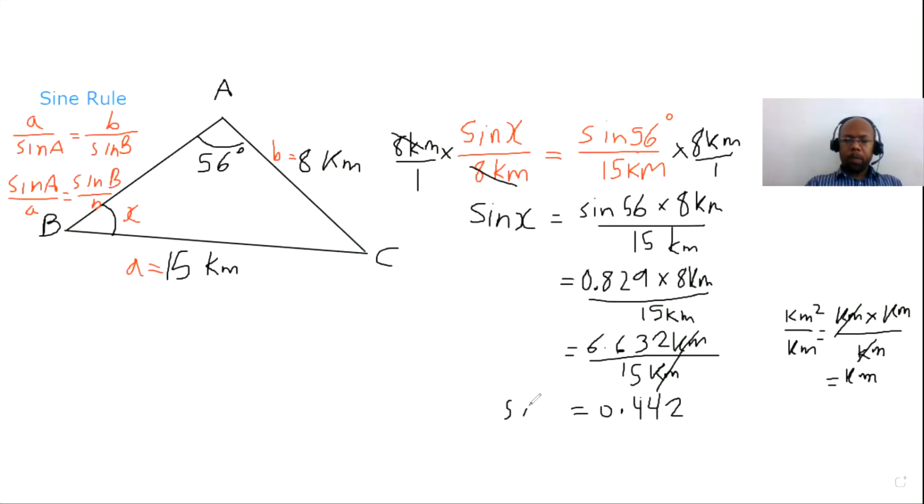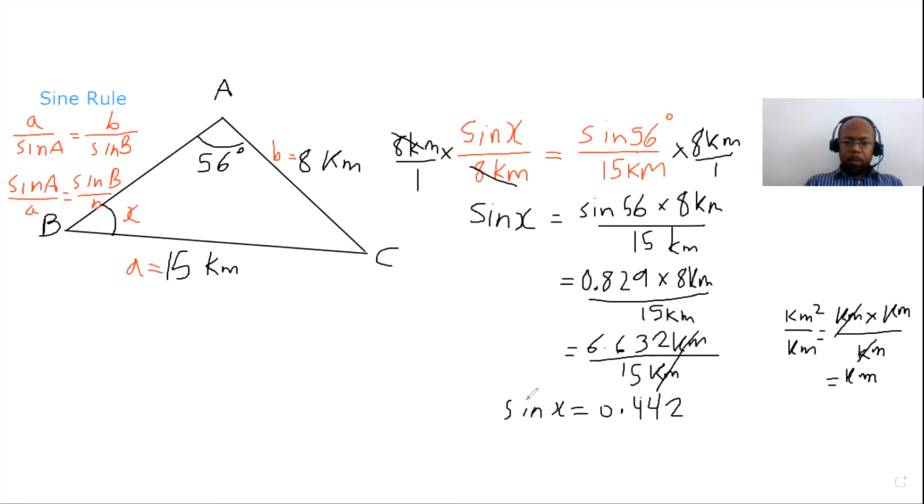All right, now here's the fun part. If you have a non-programmable calculator, the old school kind, what you would do right now is type in 0.442, hit the shift key and then hit the sine key, and you would get your angle.